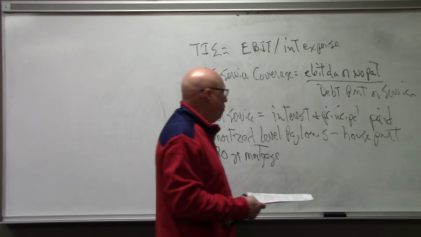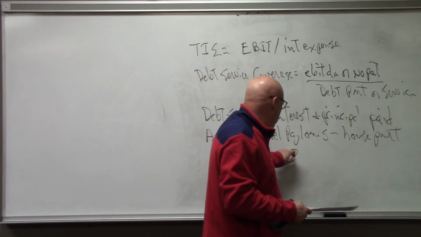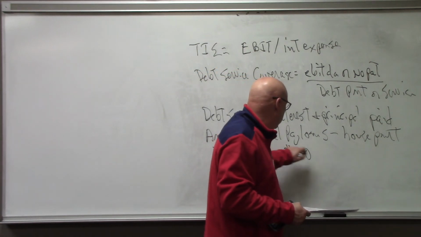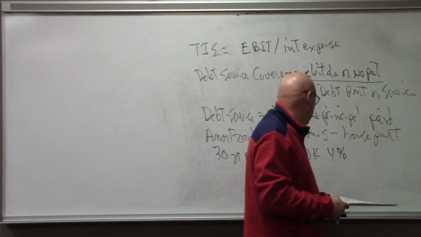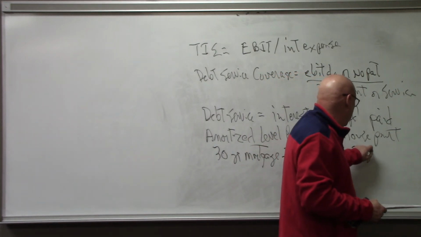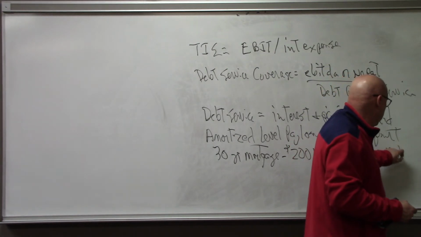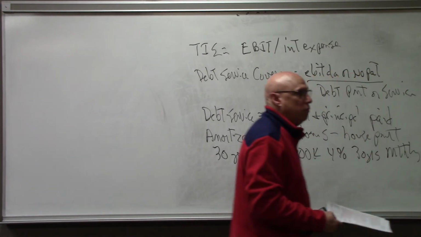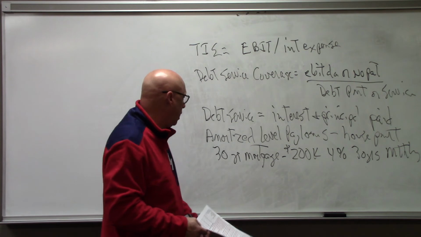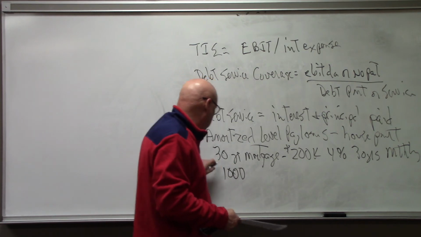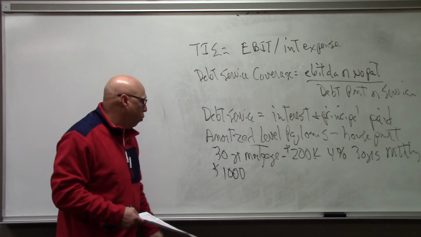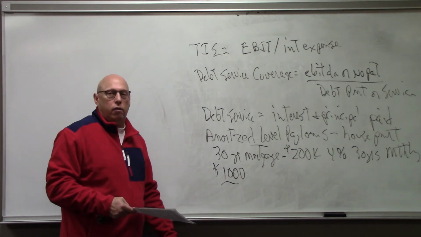And let's say you borrow $200,000 at 4% for 30 years, payable monthly. That's what your parents have done. That's what you will do. And let's say your payment is $1,000 a month. What does that $1,000 consist of?